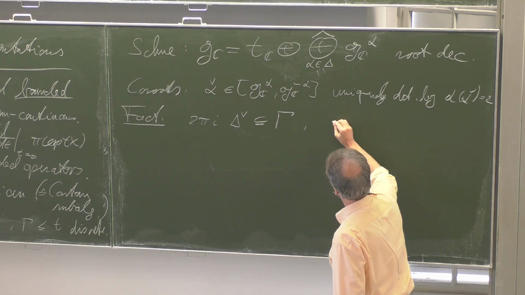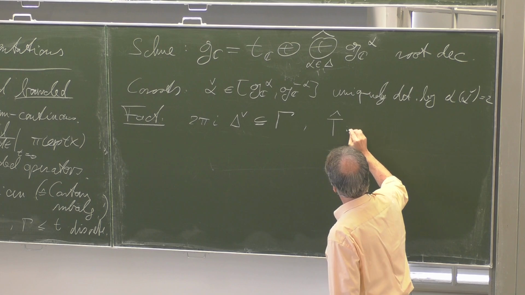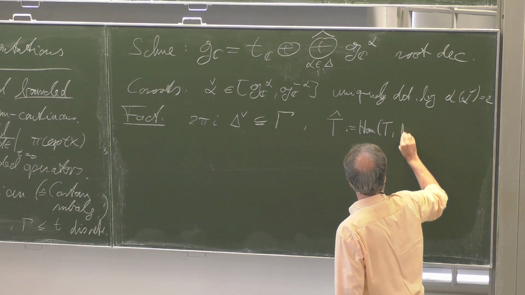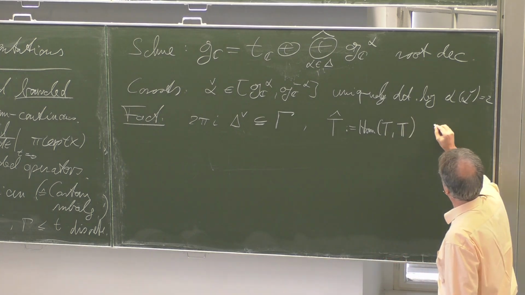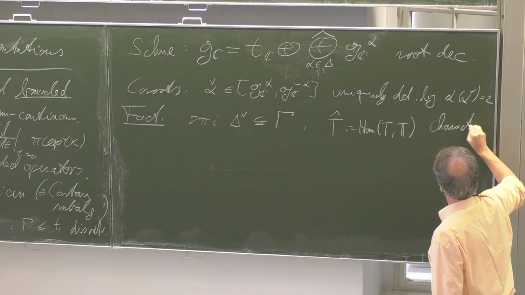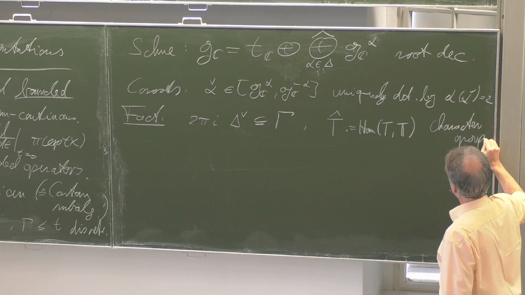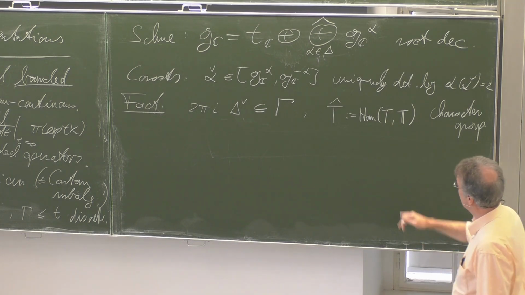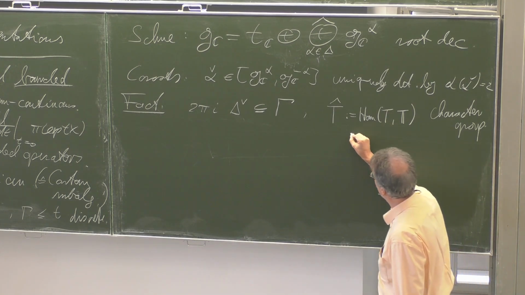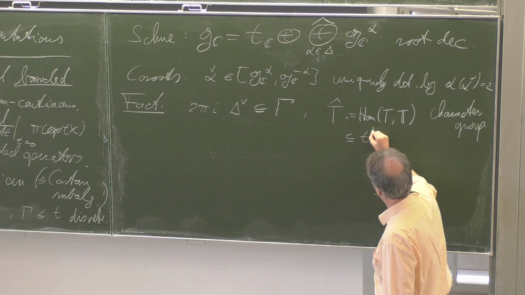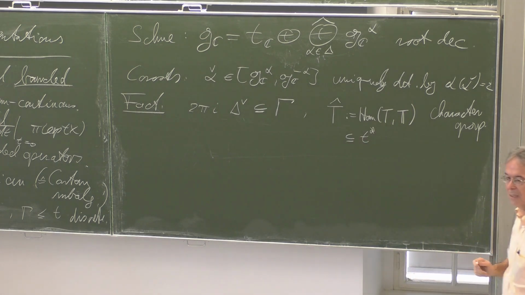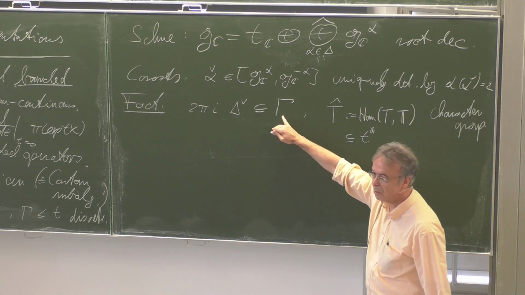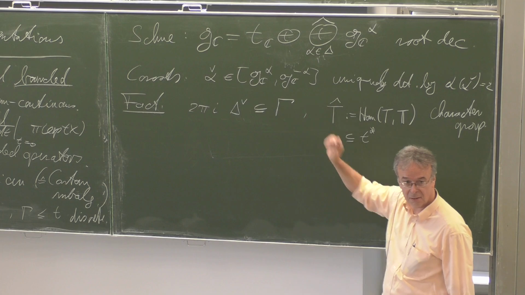Okay, and this is important information on this group T hat, the sort of character group of T. So the character group are the homomorphisms into the circle, and taking derivatives, I can think of this as sitting in the dual, sort of Hilbert dual of the Lie algebra, and there it's basically the functionals which take integral values on this lattice gamma.